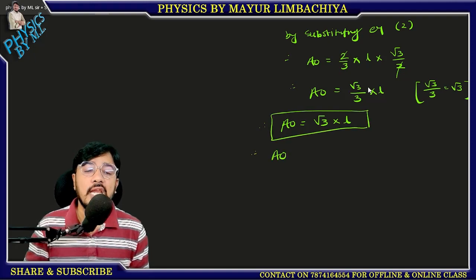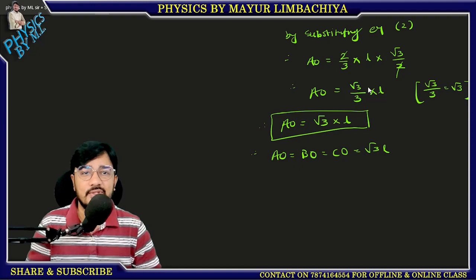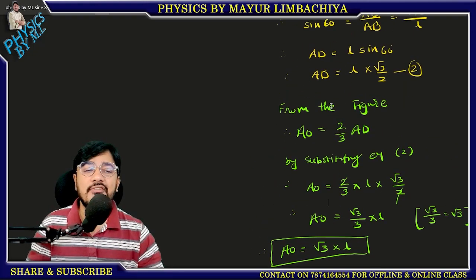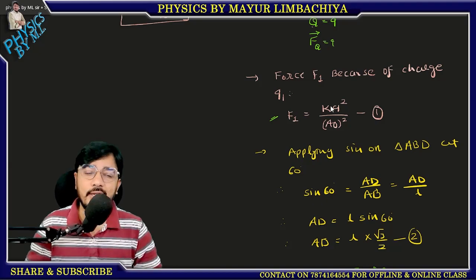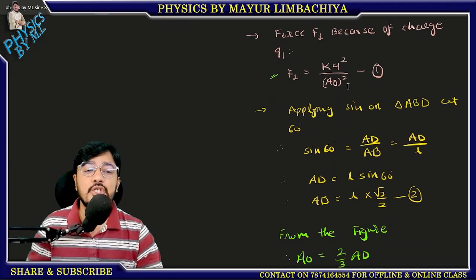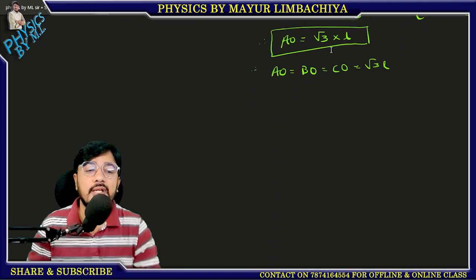So AO is equal to BO is equal to CO will be L by root 3. So now we have AO, BO and CO. So now we can find the force between Q1 and Q, Q2 and Q, and Q3 and Q.